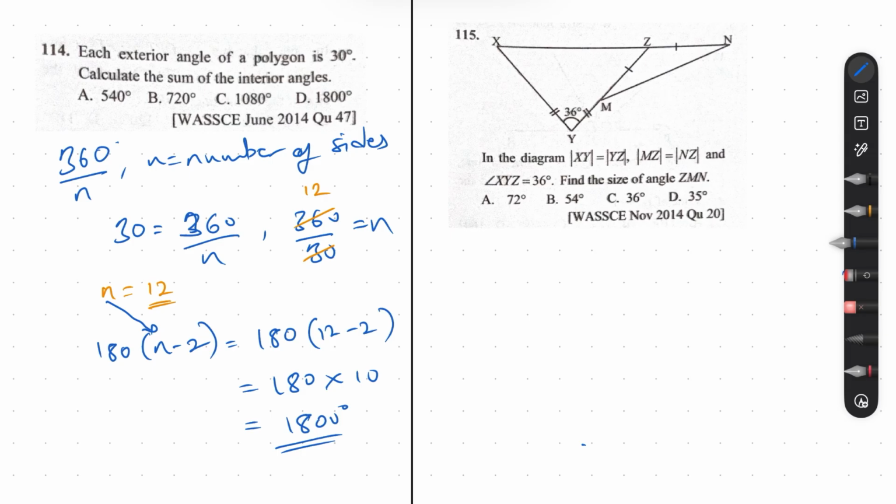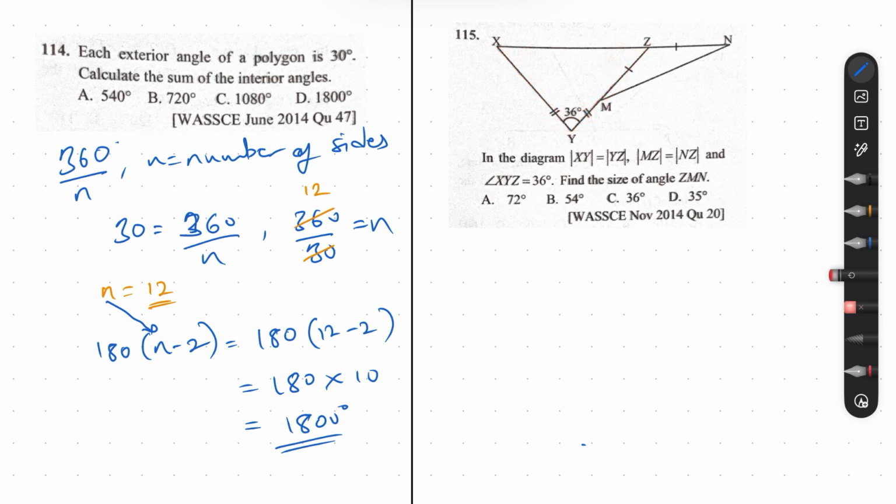Okay, cool. Let's move on to question number 115. The question says you should find the size of the angle ZMN. So this angle is what you're looking for. We've been told that this line and this line are the same. That means this is an isosceles triangle. That means the two angles here will be the same.